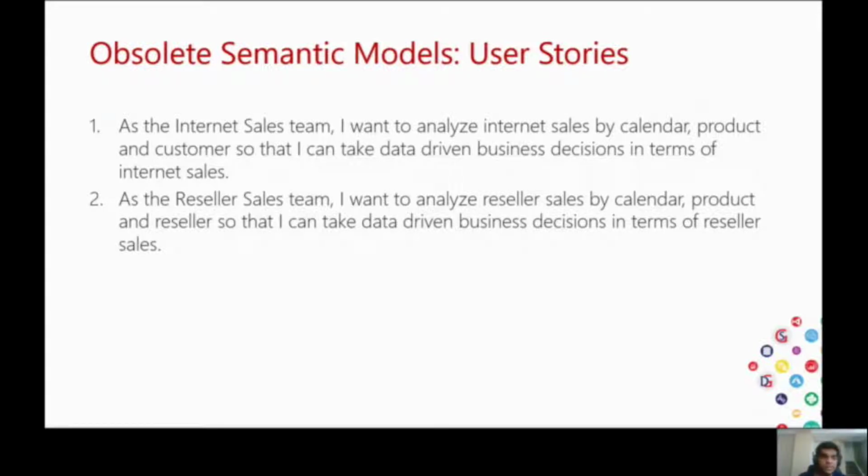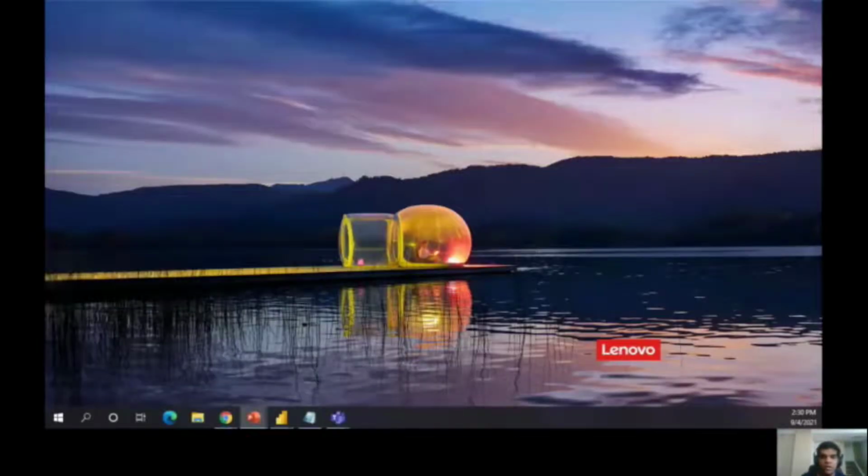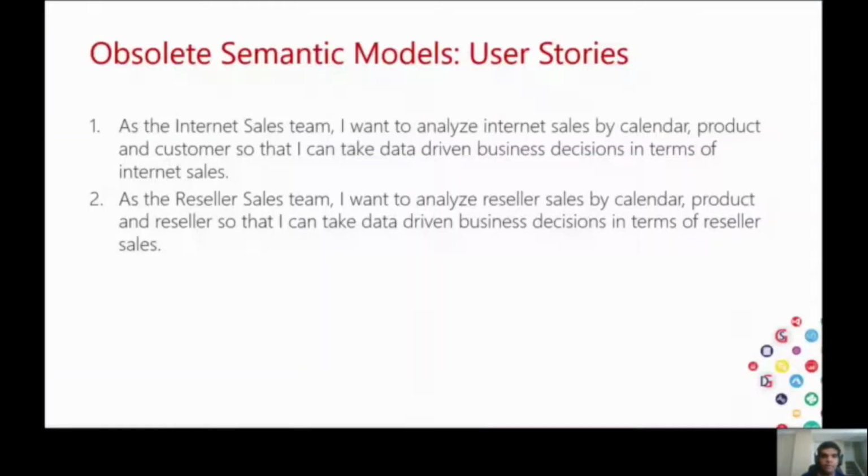As the reseller sales team, I want to analyze reseller sales by calendar, product, and reseller so that I can take data-driven business decisions in terms of reseller sales. Those are the two requirements between internet sales and reseller sales.